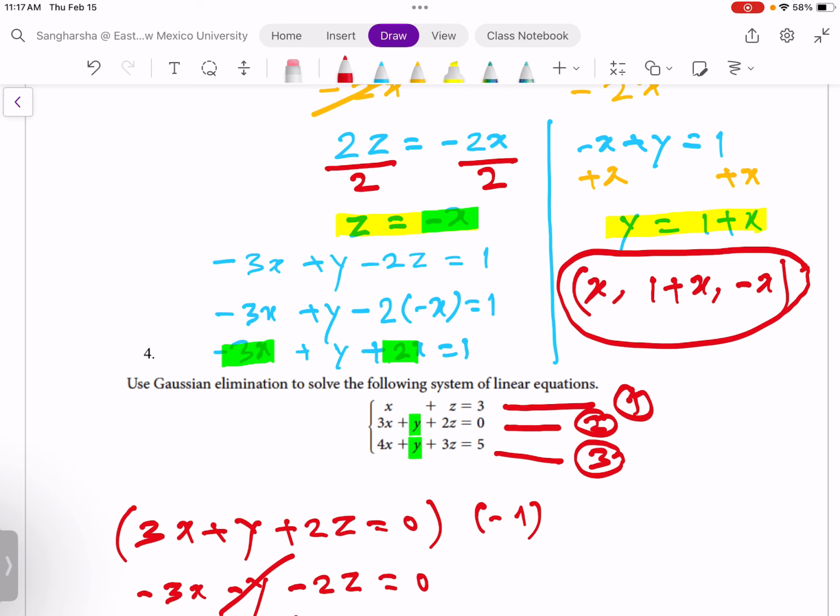So here we find infinitely many solutions. So there are three different cases: we might get exactly one solution, we might get no solution, or we might get infinitely many solutions.